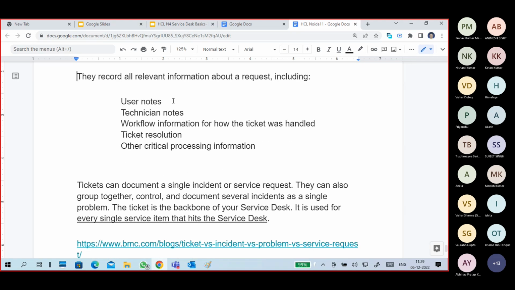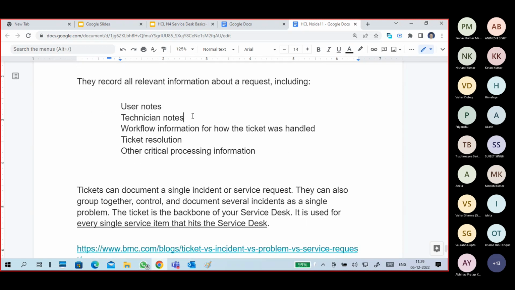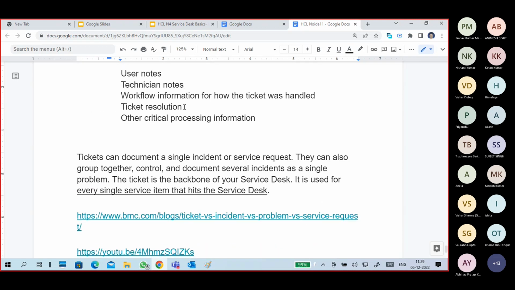They record all relevant information about a request, including what the user told, that is the user note, what the technician understood, the technician note, and workflow information, meaning how this ticket should be handled, how many phases there are, and what things we should involve in it. Then ticket resolution, whether the ticket is completed or not, and other critical processing.